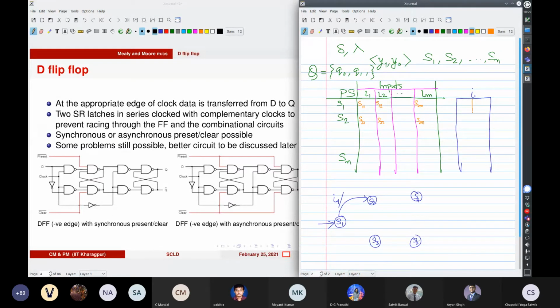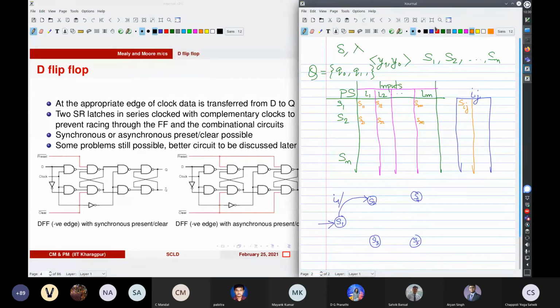I've got two parts. One is something like Sij, with input Ij. So I'm making a transition on this input.